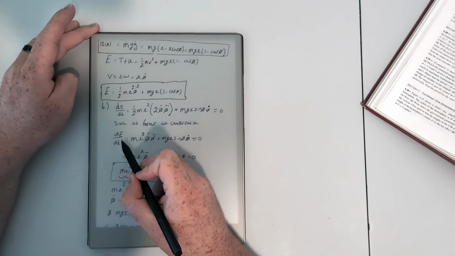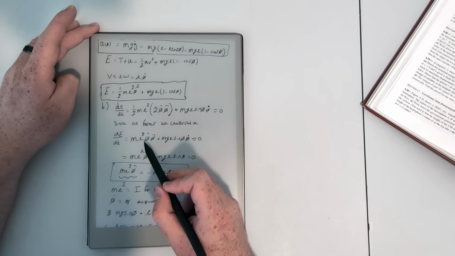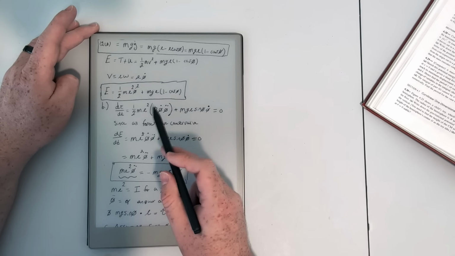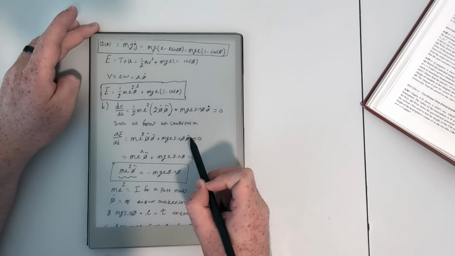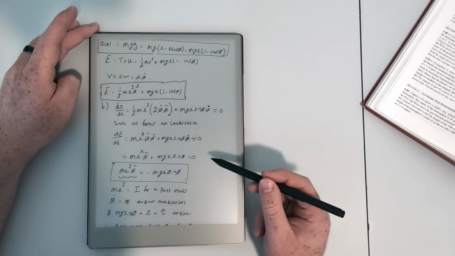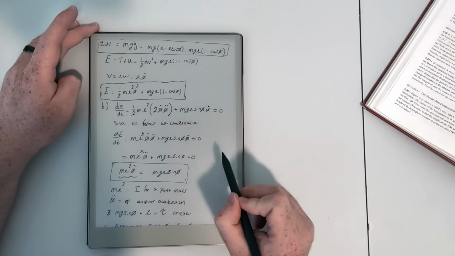Then we can say that dE by dt is mL squared, the 2's cancel, phi dot, phi double dot, plus mgL sine phi, phi dot. And then we can equate terms on both sides and cancel terms.